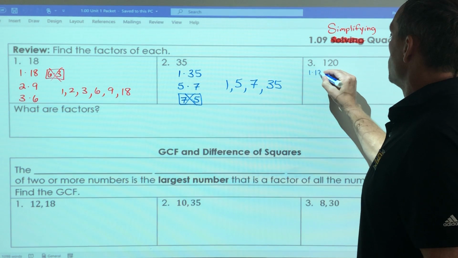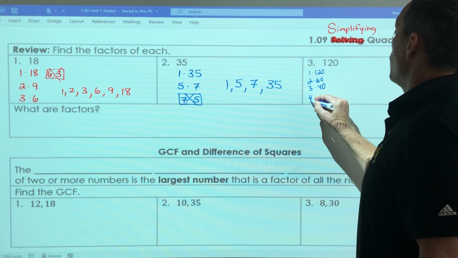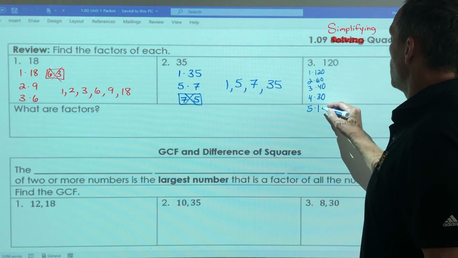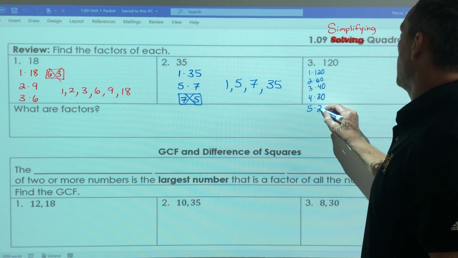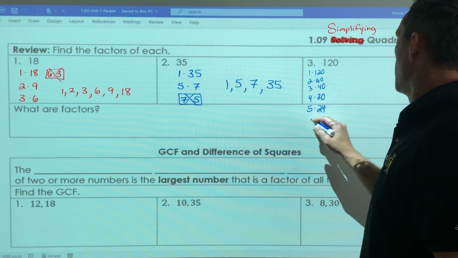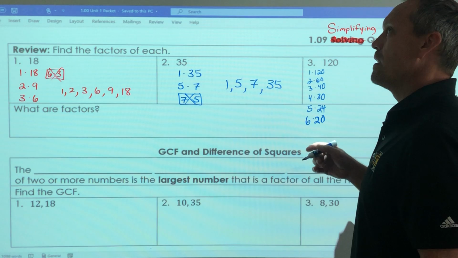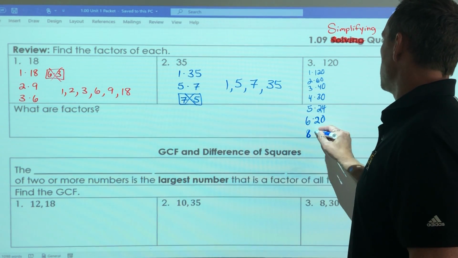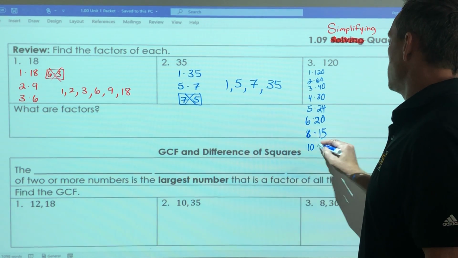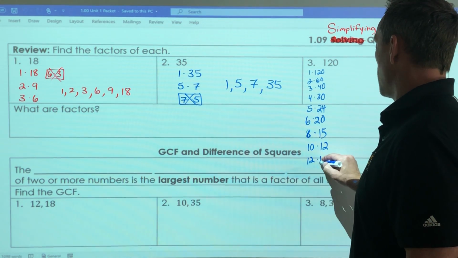So I'm gonna go 1 times 120, 2 times 60, 3 times 40, 4 times 30, 5 times 24, 6 times 20, 7 no, 8 times 15, 9 no, 10 times 12, 11 no, and then 12 times 10.